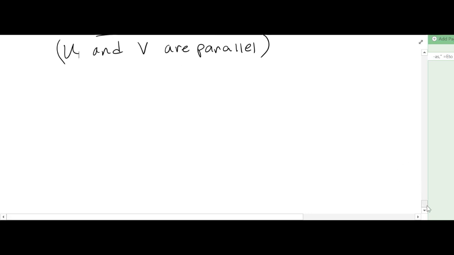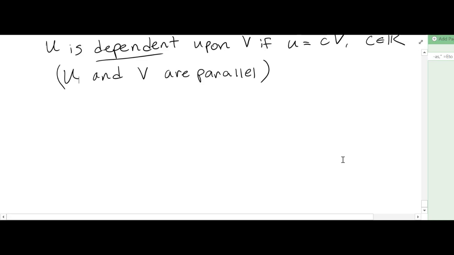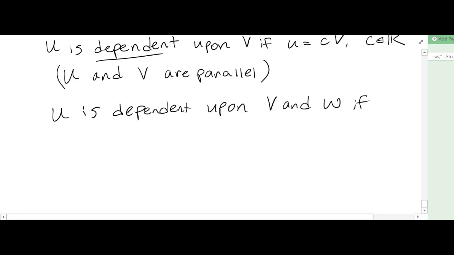And then obviously you can define a similar thing for three vectors. U is dependent upon V and W if U is a linear combination of V and W, so C and D are real numbers.